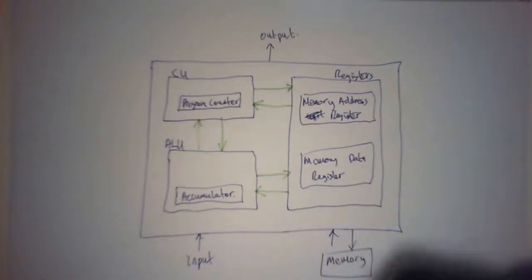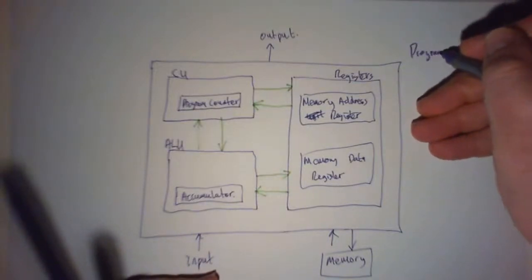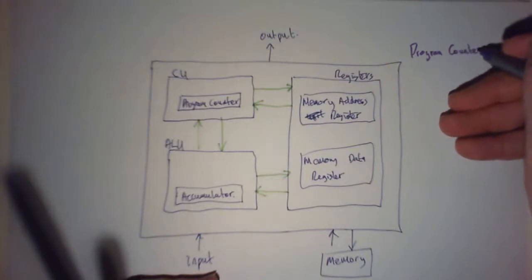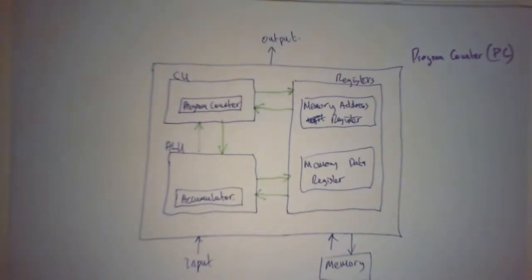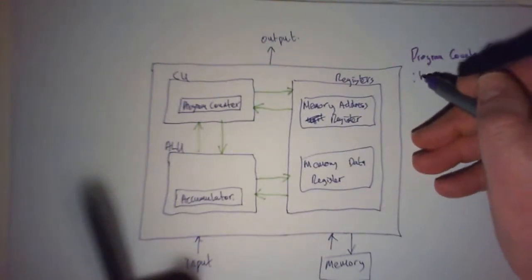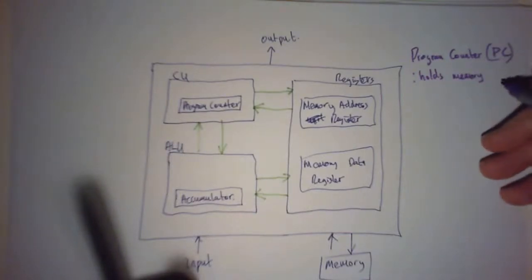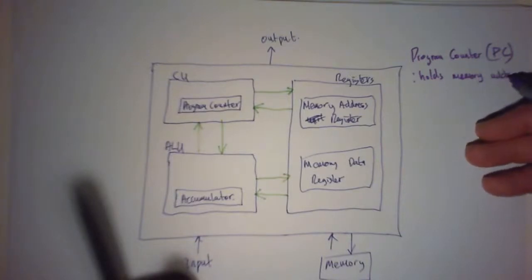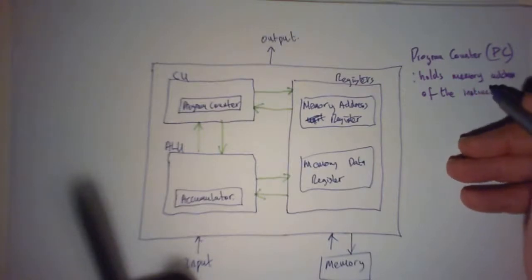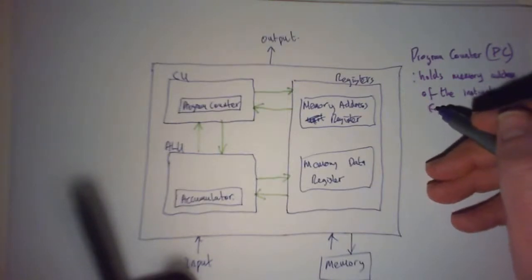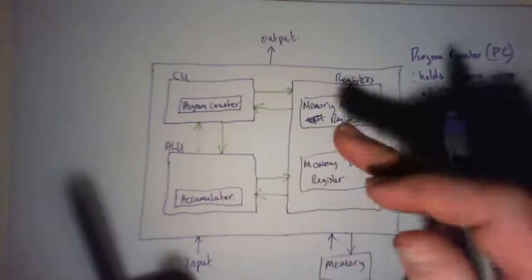First, the program counter. That's the PC. So what does the program counter do? It holds the memory address of the instructions for each cycle that it has to do something.